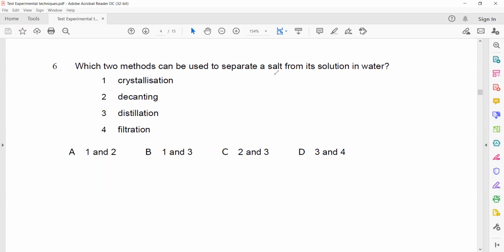Two methods can be used to separate the salt from the solution. Salt from solution means it is a dissolved salt, because dissolved salt will make the solution. Here, they did not specify an example, they mention salt from solution.